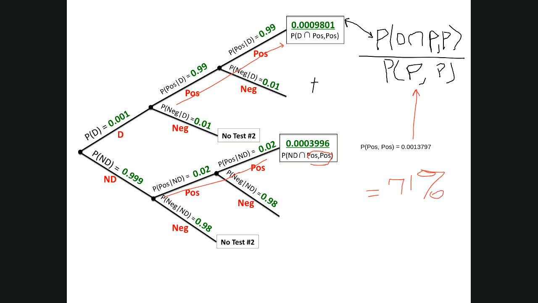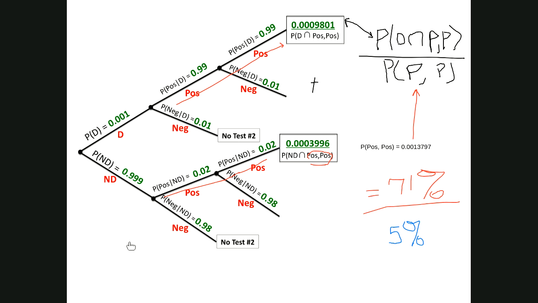And so this is much better than what we had previously, if you remember, with just one positive test of 5%. And you may want to ask yourself, well, if we get two positives, what's the chance we don't have the disease? Hopefully you can see, if you get two positives, it would be this value divided by 0.0137797, which is 29%.